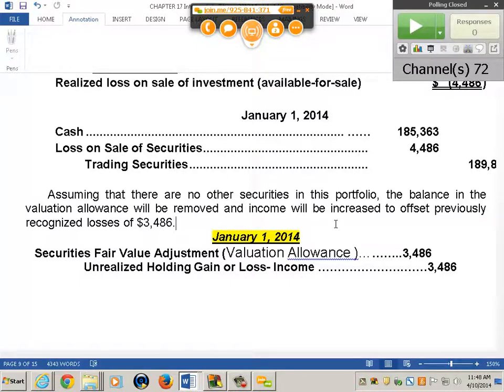So I'm going to debit the allowance account, and I'll credit the unrealized holding gain in net income, $3,486, which zeroes out the prior loss, and only the loss on the sale flows into the income statement. So you can't double count. You've got to get rid of that other $3,486.